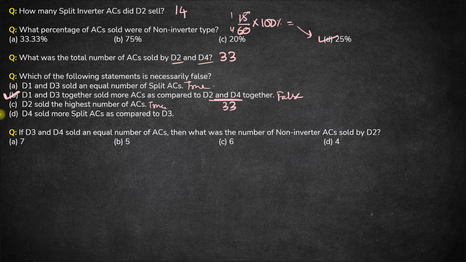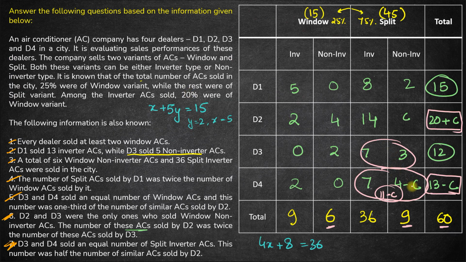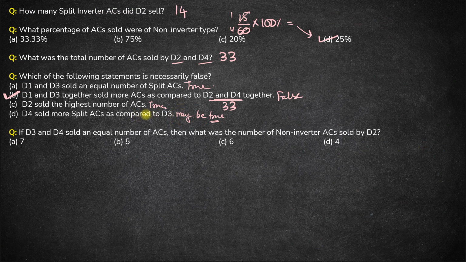In that case, D4 sold more ACs than D3. So this may be true. It will become false if C is, let's say, 3, 4 or 5, something like that. But that is only a possibility, that is not a definite condition. So this is not definitely false, this may be true, this may be false. So definitely false is only statement B.